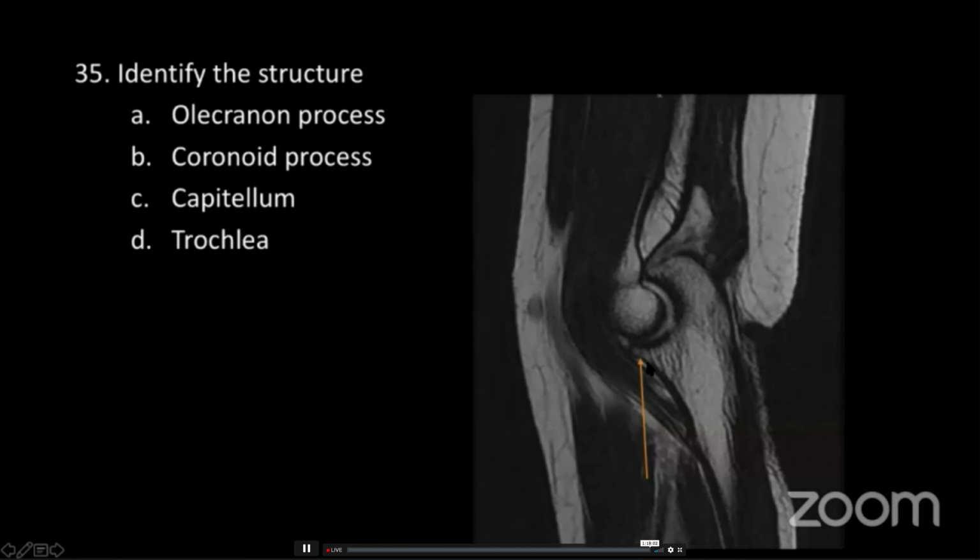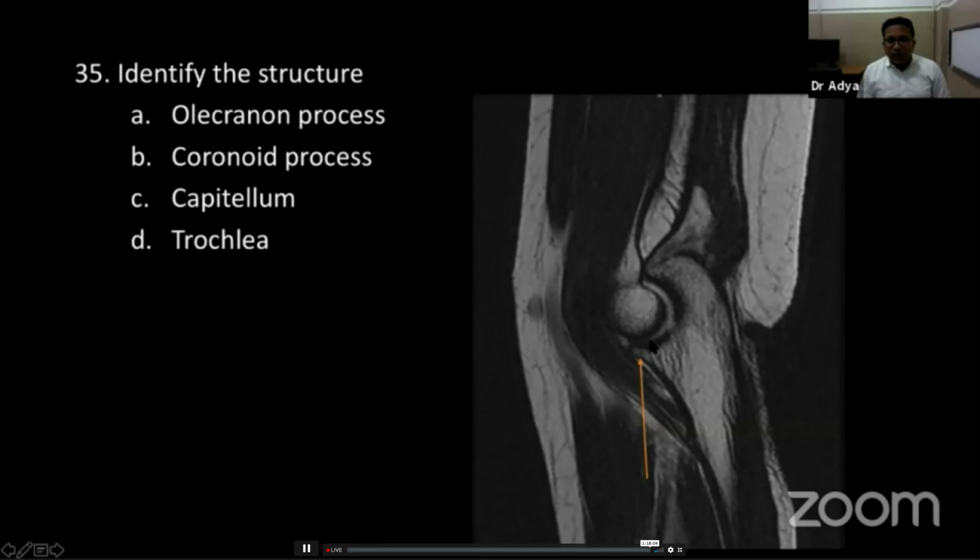The point behind putting this slide is actually this one. This is an associated finding. You can see that there is a defect in the cortical outline of the olecranon process over here, which is hyperintense. This is known as the pseudo loose body.